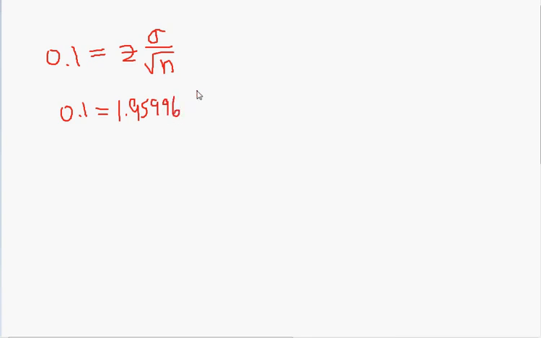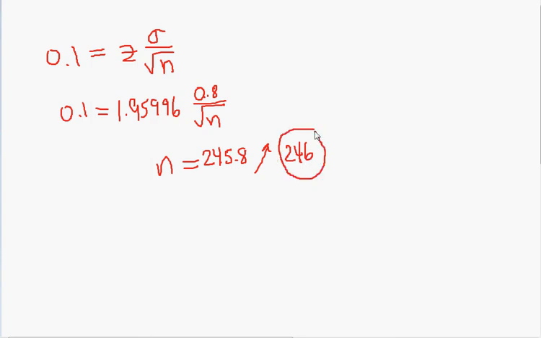Sigma is given to be 0.8 divided by the square root of n, and then it's just a matter of doing algebra to solve for n. So I get n is equal to 245.8, and as always we'll round up. In this case, rounding up is the way it would go, 246. So our answer is going to be 246.